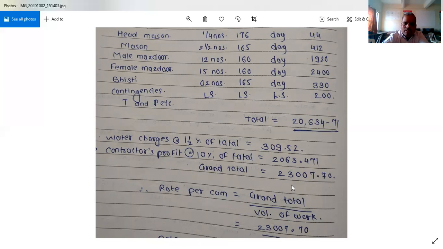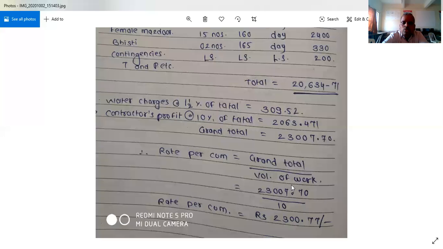So the rate per cubic meter will be the grand total divided by the volume of work. 23,007 divided by 10 is 2,300.77 per cubic meter of concrete for PCC of proportion 1:4:8. In this manner, we have to go for the rate analysis of PCC bed. Thank you very much. We'll continue in the next lecture.